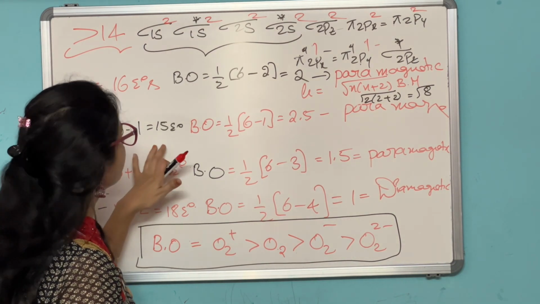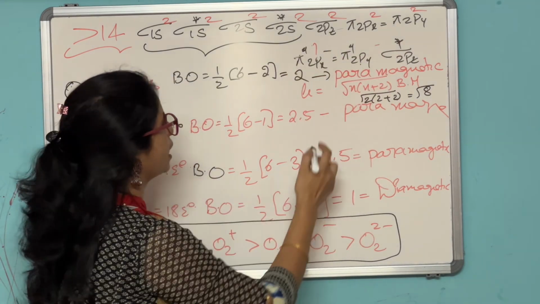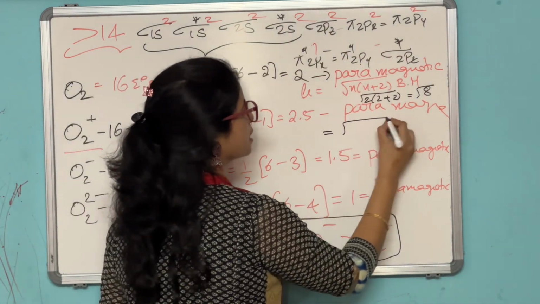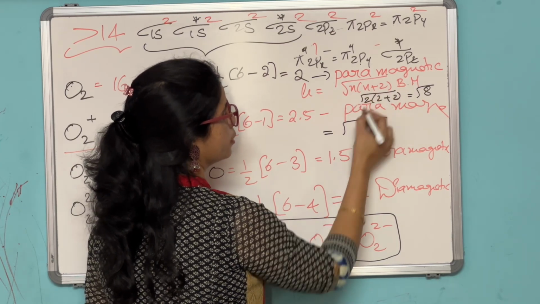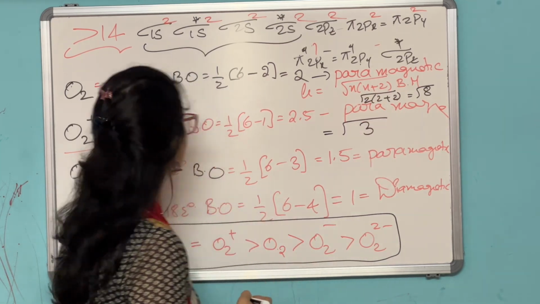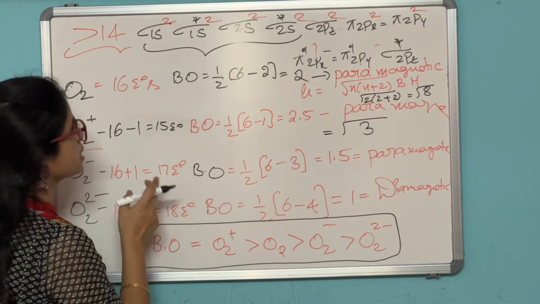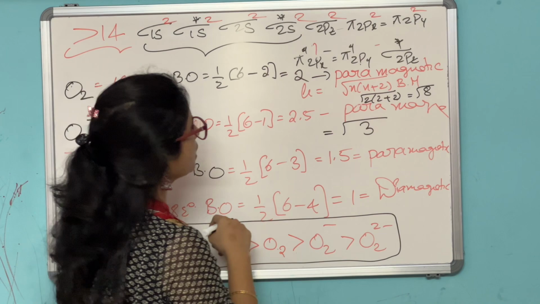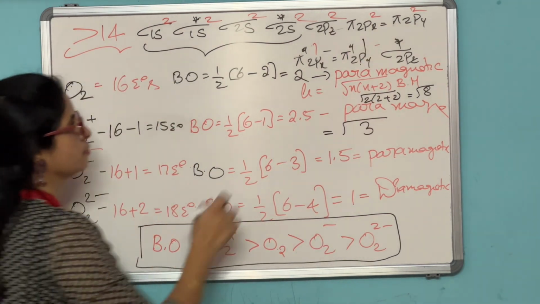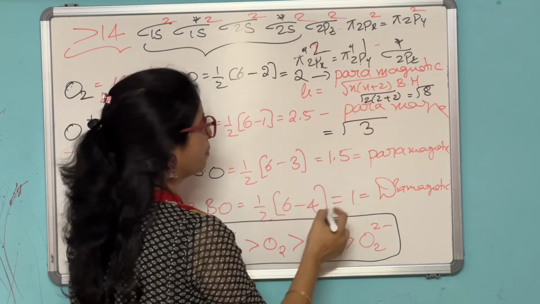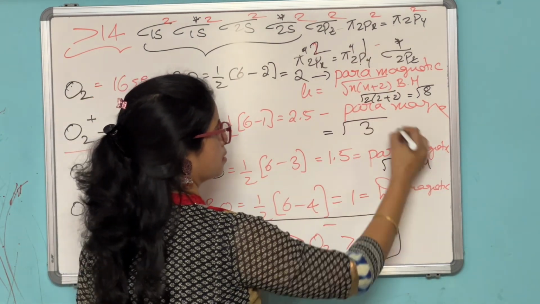For O2 plus, loss of 1 electron leaves 1 unpaired electron, so square root of 1 into 1 plus 2, square root of 3 Bohr magnetons. For O2 minus, 16 plus 1, 17 electrons, there is 1 unpaired electron, again square root of 3 Bohr magnetons.